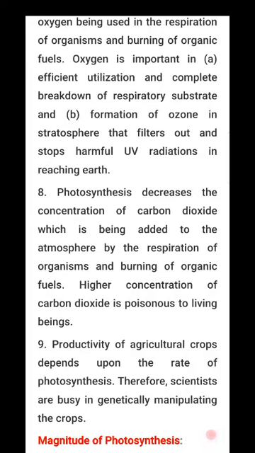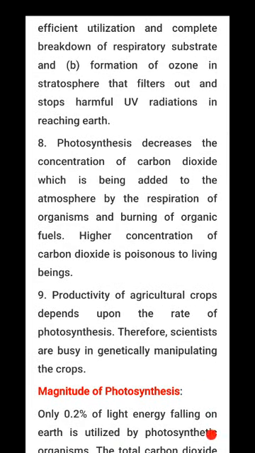The temperature of the earth is increased when you increase the carbon dioxide percentage. So photosynthesis plays an important role in decreasing the concentration of carbon dioxide in the atmosphere.